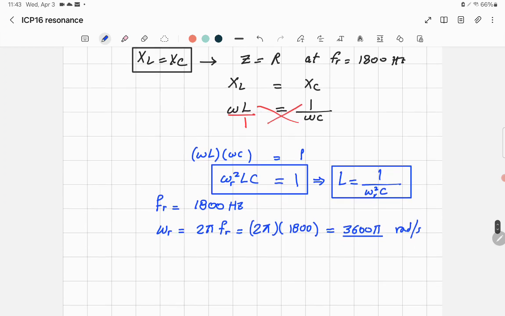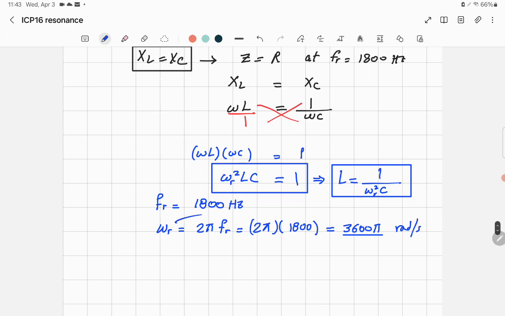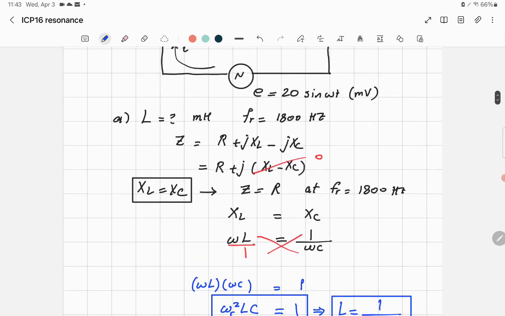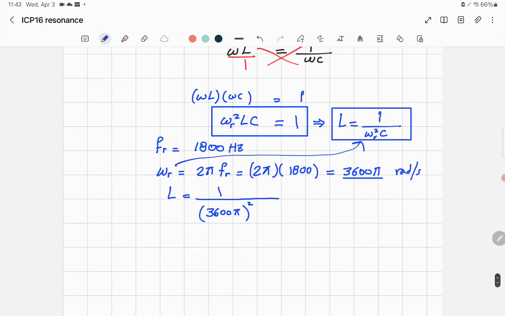Now I'm going to substitute omega R in the equation to find L. So L is equal to 1 over omega R, which is 3600 pi, squared, times the value of C. What is the value of C in this example? 2 microfarad. How do you write 2 microfarad? 2 times 10 to the negative 6. That will give it in henry.